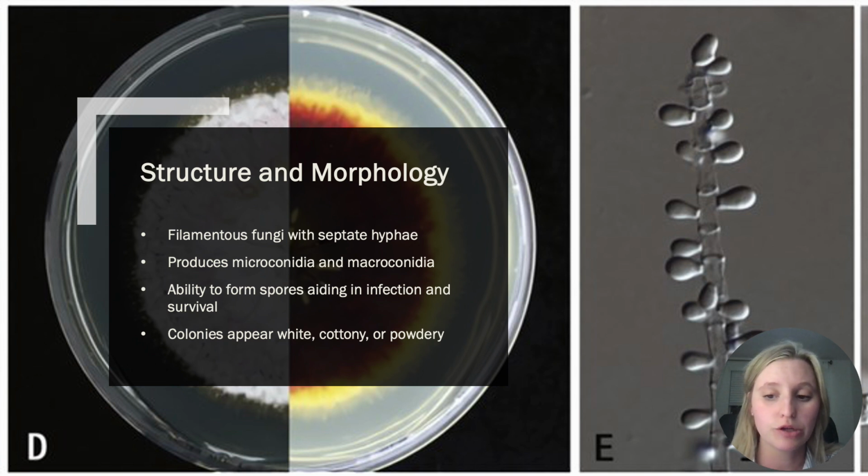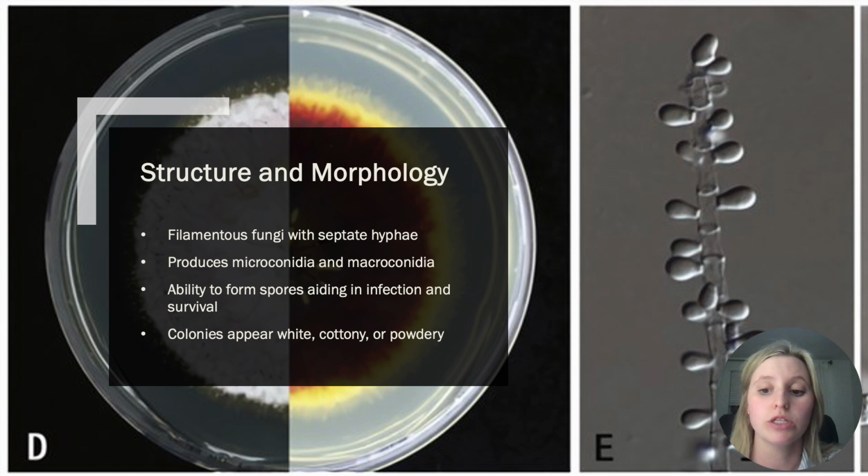They produce two types of spores, microconidia, which are small spores, and macroconidia, which are larger segmented spores. These spores are likely the key to the fungi's ability to spread and cause infection. The ability to form resistant spores helps them survive in harsh environments, making them persistent sources of infection.